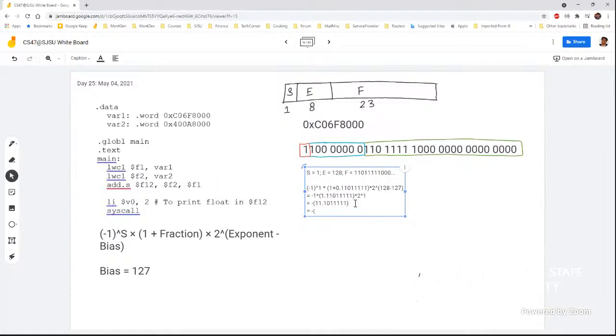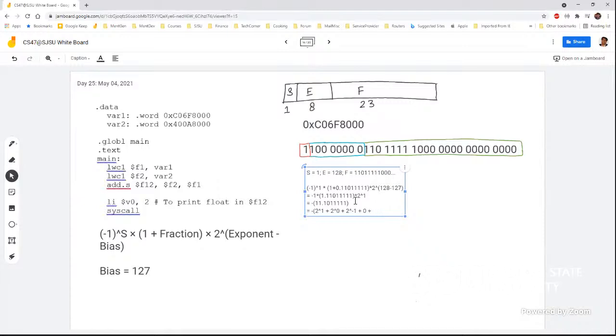It will be 2 plus 1 plus, strictly speaking, it is 2 to the power 1 plus 2 to the power 0 plus 2 to the power minus 1, plus 0 for that 0 part, plus 2 to the power minus 3.